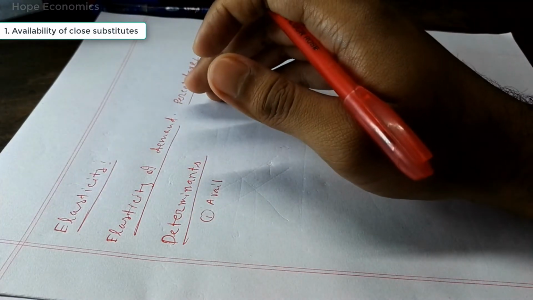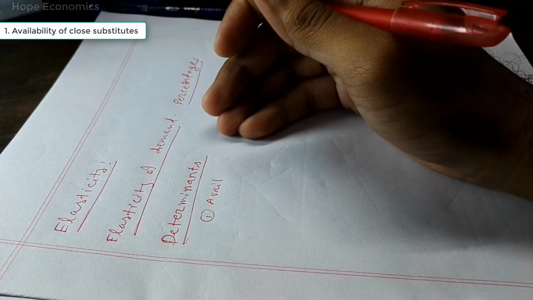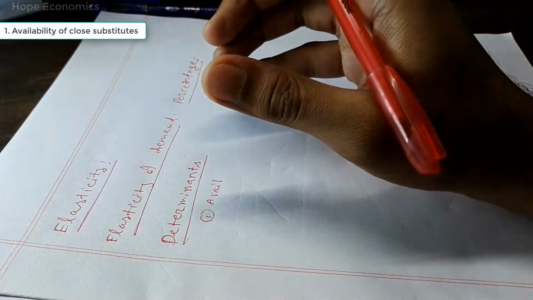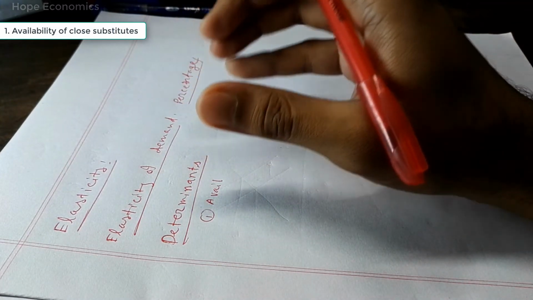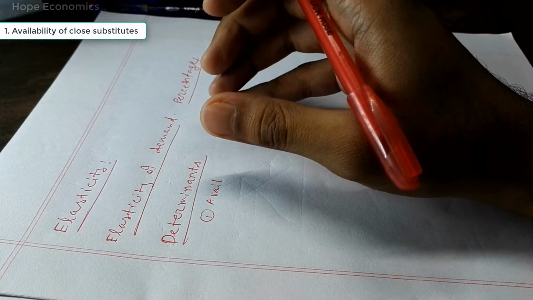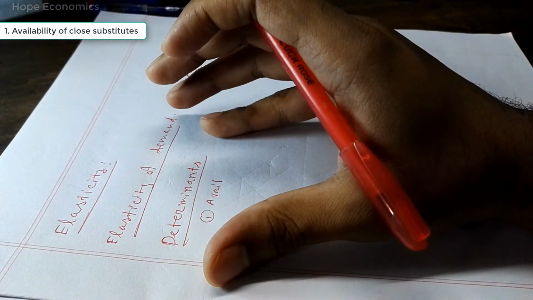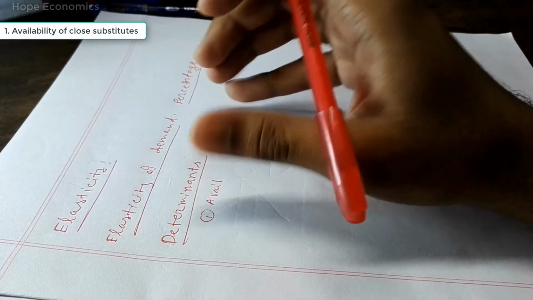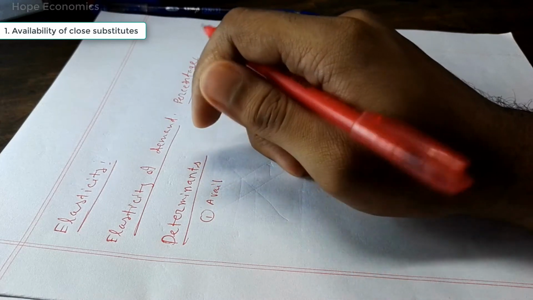Of course, you are going to shift to the other one. So the existence of a close substitute may change the responsiveness to either tea or coffee of your choice.